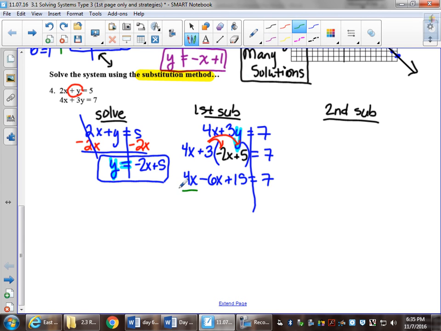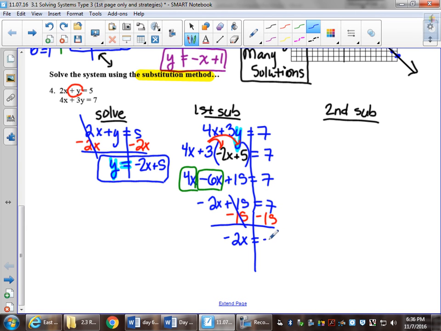Combining like terms, I have 4x and negative 6x. 4x and negative 6x makes negative 2x plus 15 equals 7. We will subtract 15 from both sides. Keep this line going down the equal sign. So we have negative 2x equals 7 minus 15, which is negative 8.